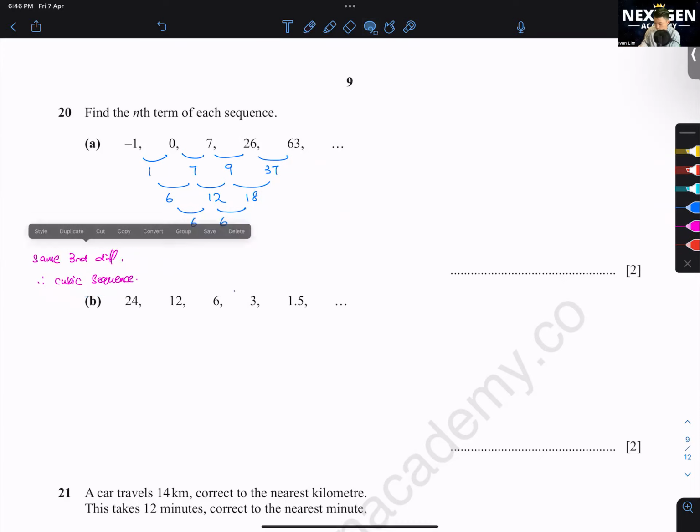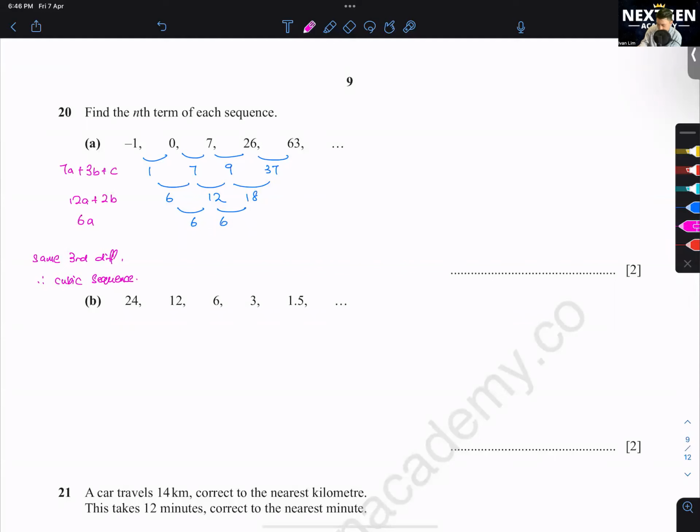There's actually a formula that last time I gave you all, which is what? 6a, that means we start from the bottom. 6a, then 12a plus 2b, then 7a plus 3b plus c, then a plus b plus c plus d. Then you slowly take this equal to this and solve until you find your A, B, C, D.